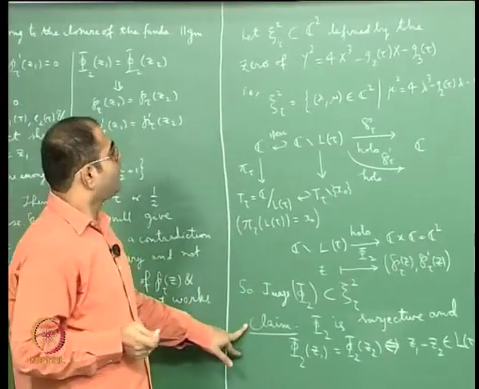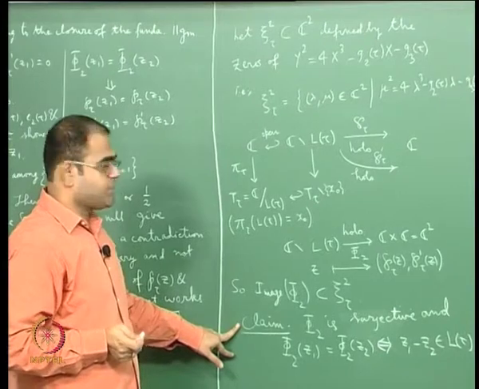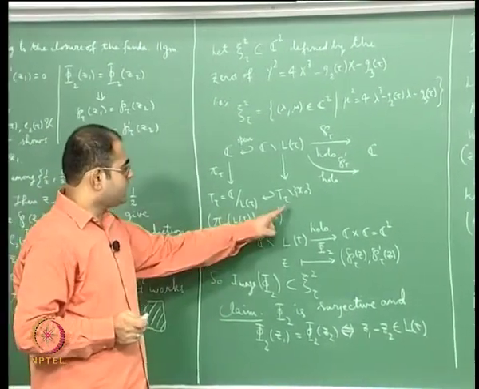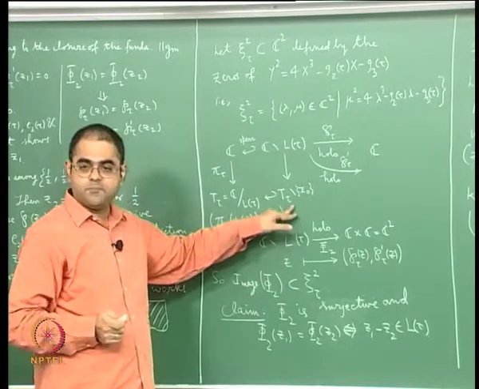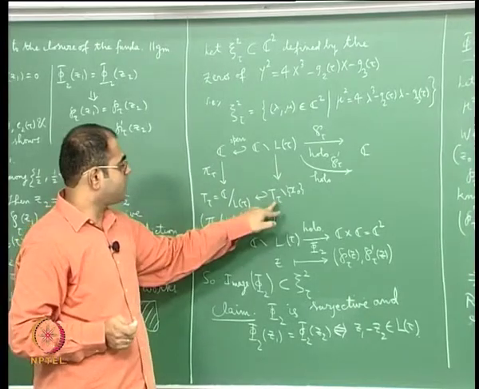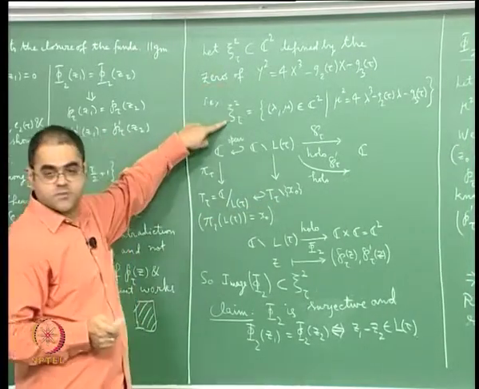So I want to just conclude by saying the statement that I wanted to originally say, that phi2 goes down to a map from the torus minus a point, a bijective map from the torus minus a point to this subset.